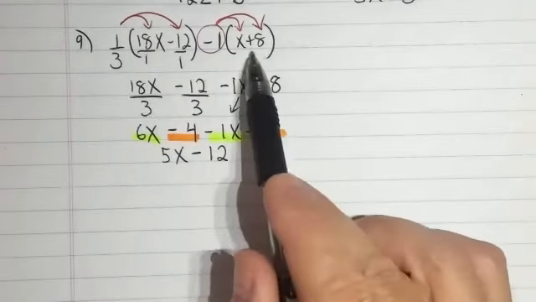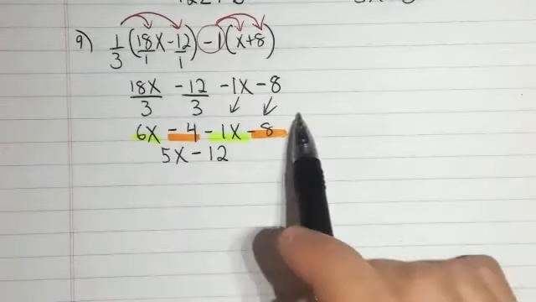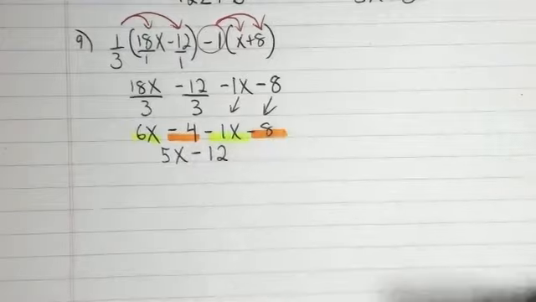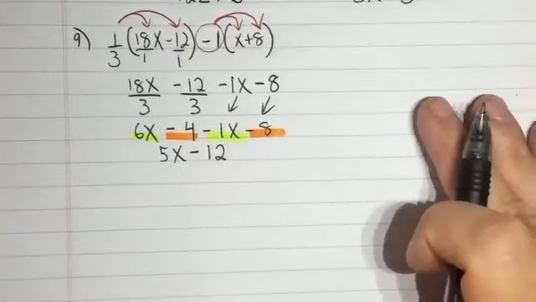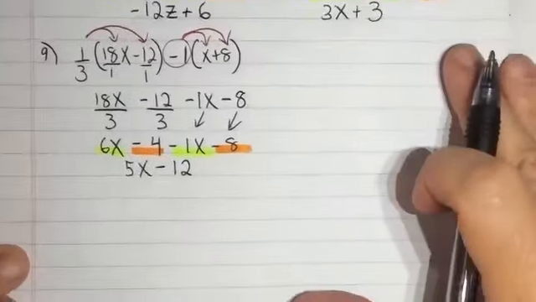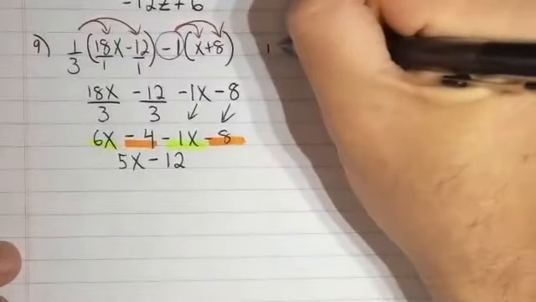So we distributed the fraction, simplified, and combined our like terms. I'm going to do one more, also another one with a fraction.